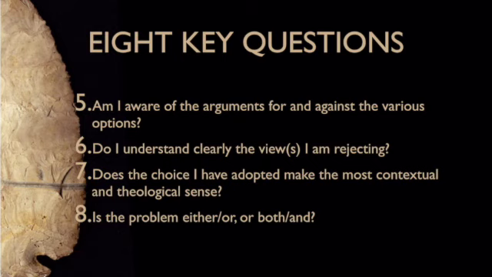Seventh, does the choice I've adopted make sense contextually and theologically? Does it fit within the larger scope of the book? That's a point that I made earlier. Most of the time, the most obvious solutions to any problem are going to make sense of the overall message of the book. And then eighth, is the problem either/or, or both/and?